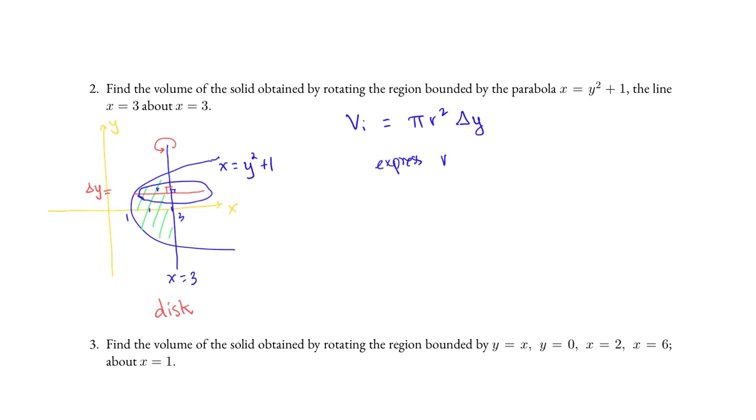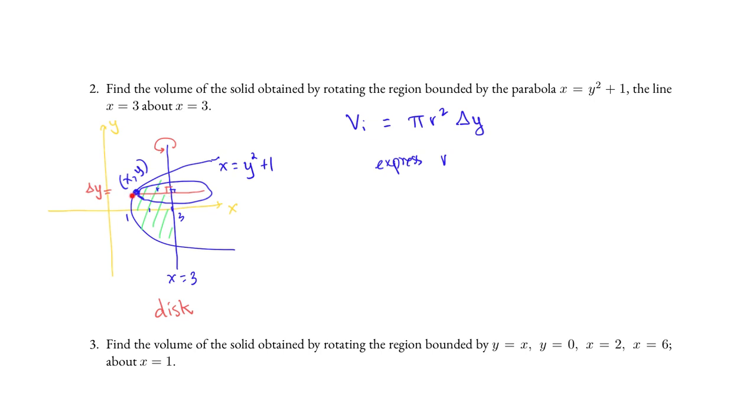We always label the intersection of the cross-section with the curve at the point x, y. The horizontal distance from the origin to that point is x, and the vertical distance from that point to the origin is y. But the radius is from the point x, y to x equals 3.